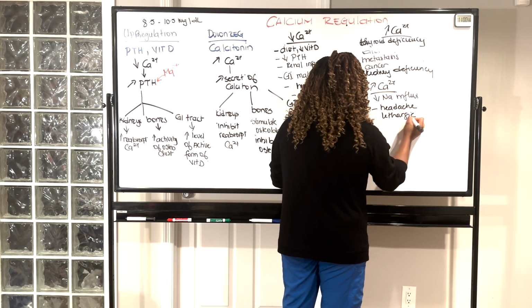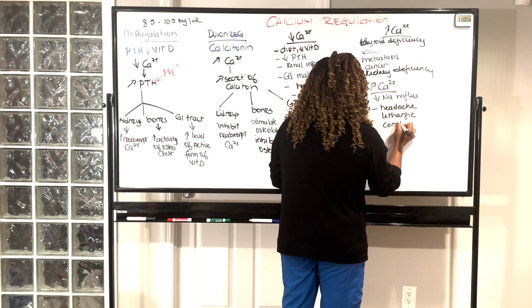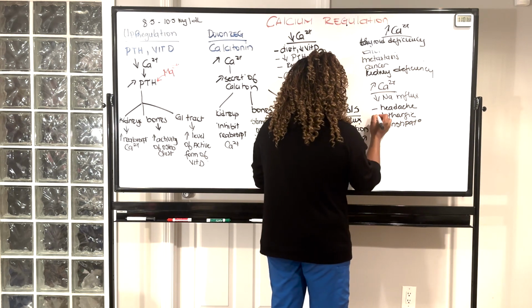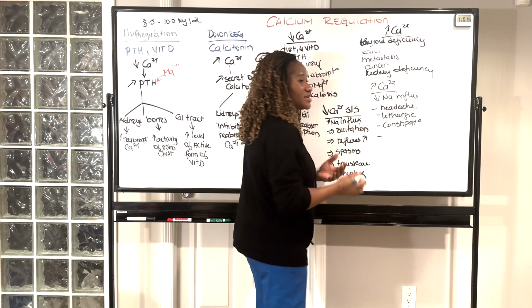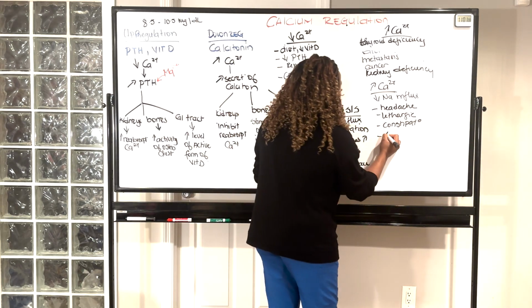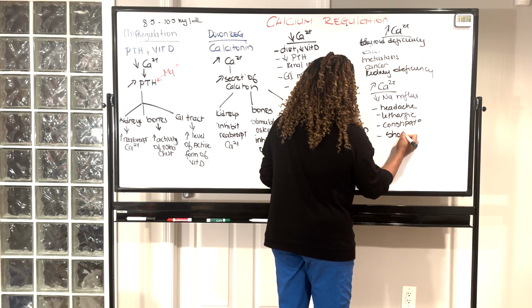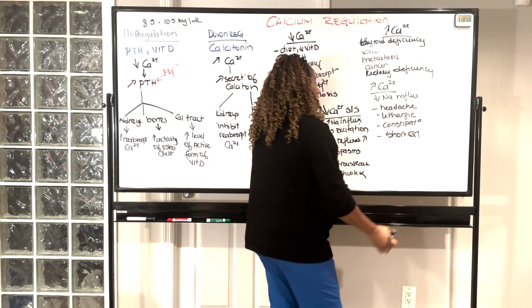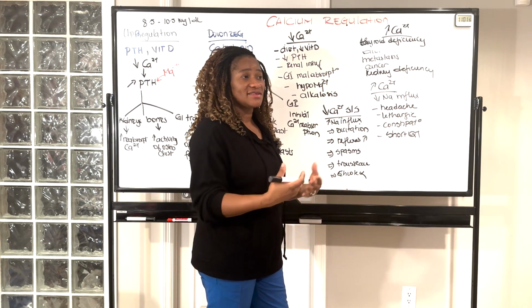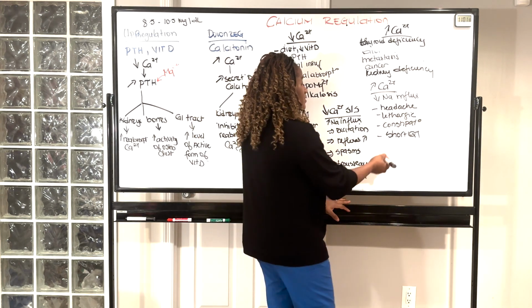Lethargy, constipation, I have slow motility in my GI. And on the EKG, I'm going to have a short QT. Remember, the influx is not going appropriately. It's kind of slow, so my QT is going to be short.